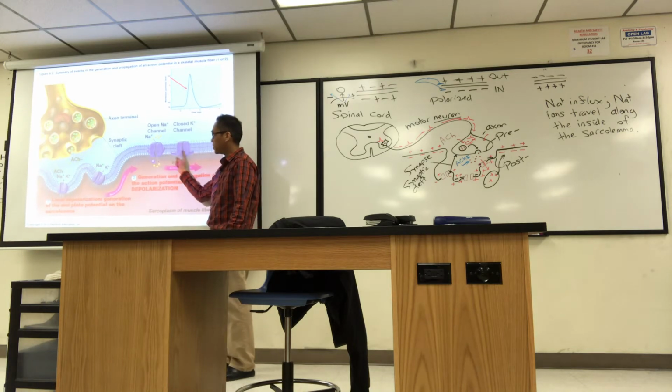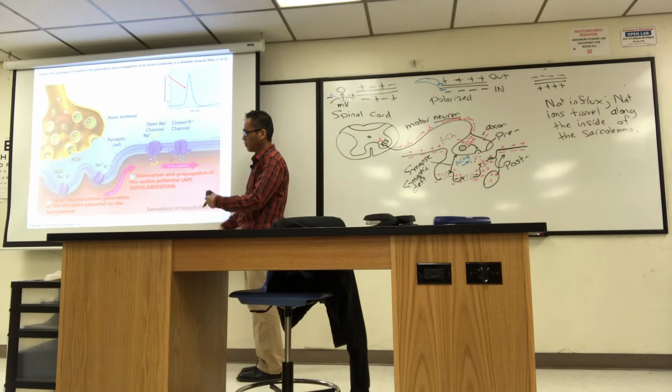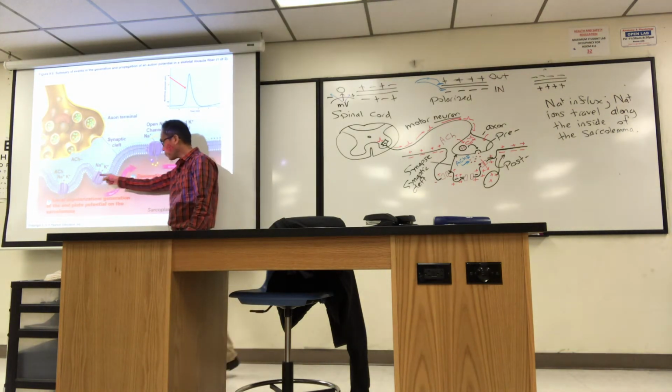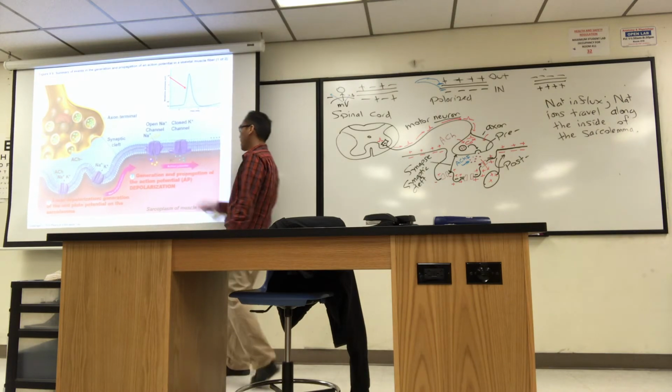They're really trying to show you there. Now they're showing you these channels here. All along the surface of the sarcolemma, you have these voltage-gated channels. Right, these are ligand-gated. These are voltage-gated channels. So let's talk about these two. That's for sodium and potassium.